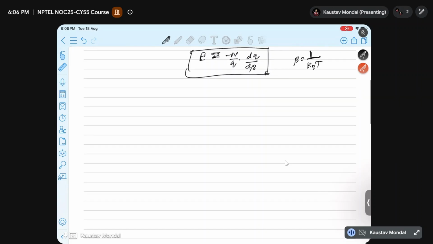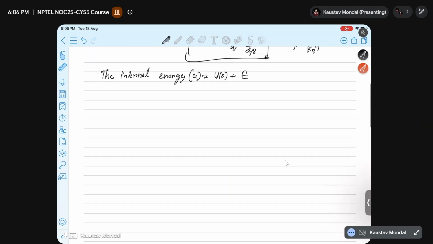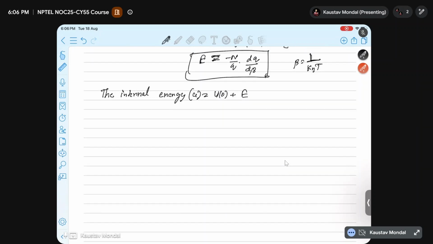The internal energy is U equal to U naught plus E, where U naught is the zero point energy.